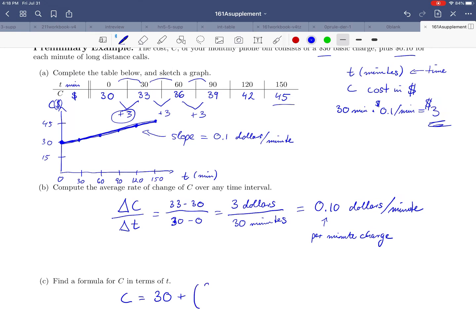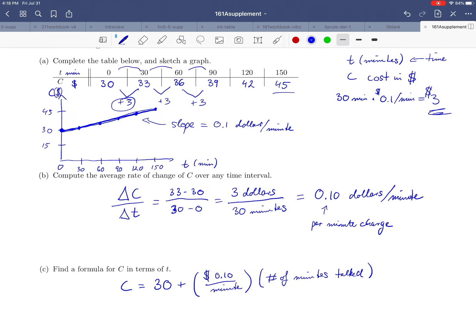The price was $0.10 per minute, times the number of minutes talked.